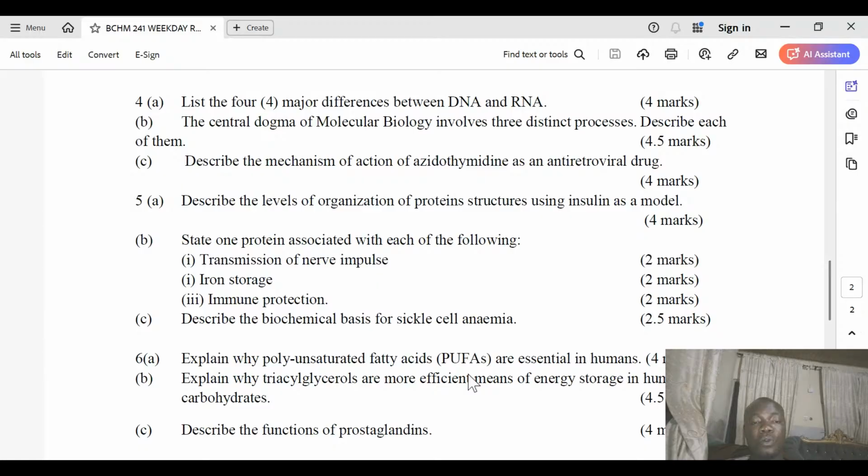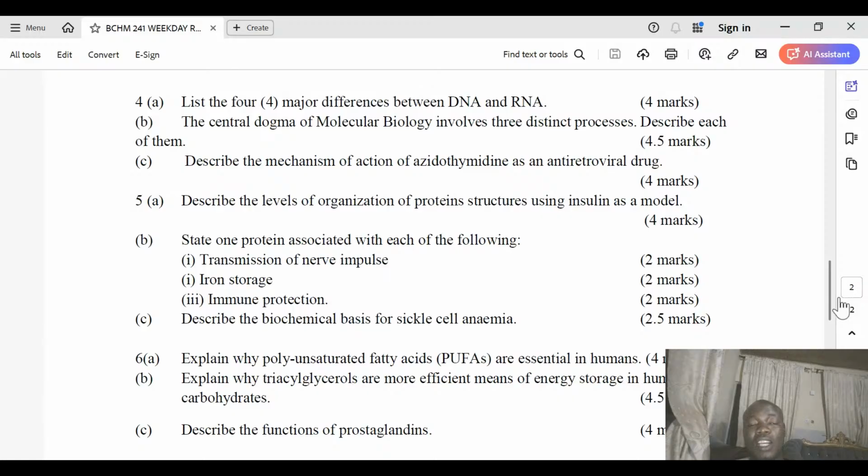Hemoglobin is a protein that has both alpha chains and beta chains, so it has two alpha chains and two beta chains. In the beta chain, which contains 141 amino acids, at position 6 there is an amino acid called glutamic acid, and glutamic acid is a polar amino acid.